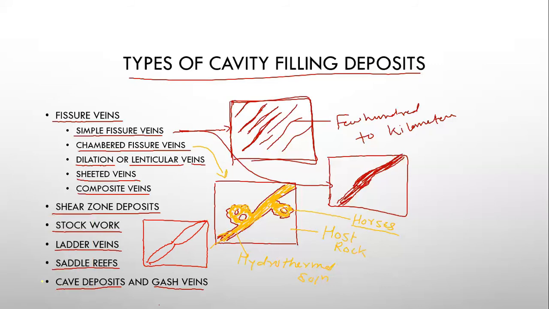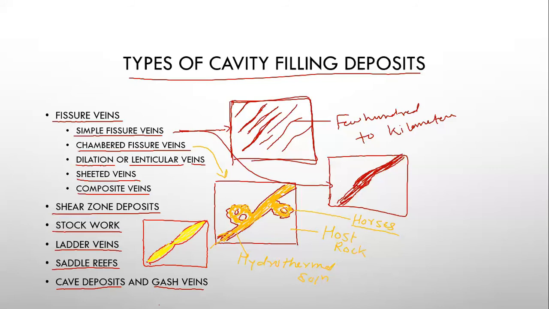Here what happens? In this cavity, the hydrothermal solution will enter and will crystallize. Okay, so here it looks like lenses, like you must be knowing lens. What is lens I'm talking about?